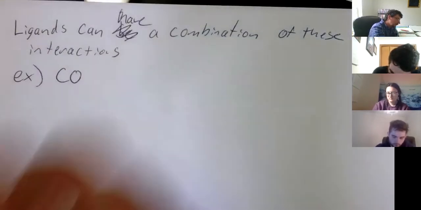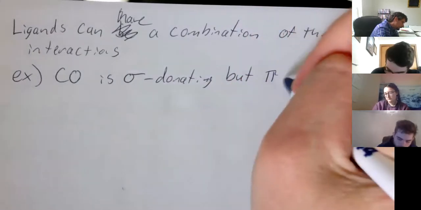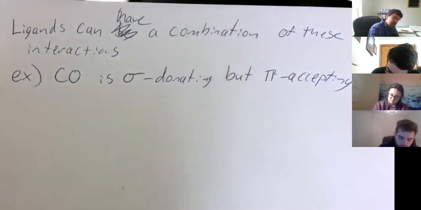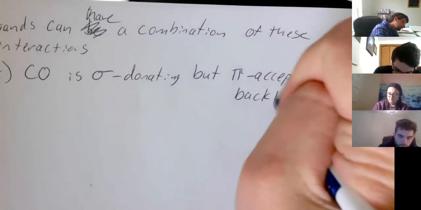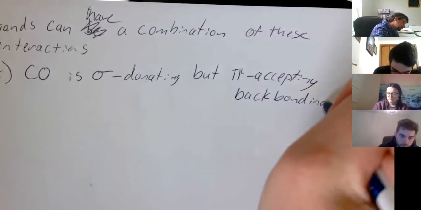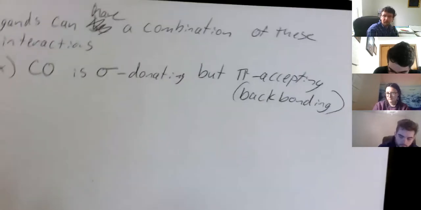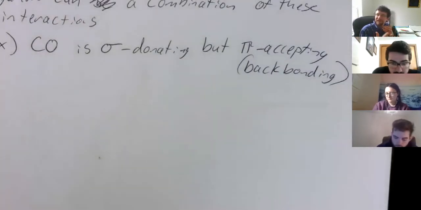Example, carbon monoxide. Carbon monoxide is sigma donating, but pi accepting. This is sometimes called back bonding. It's pretty cool, like a yin and yang.